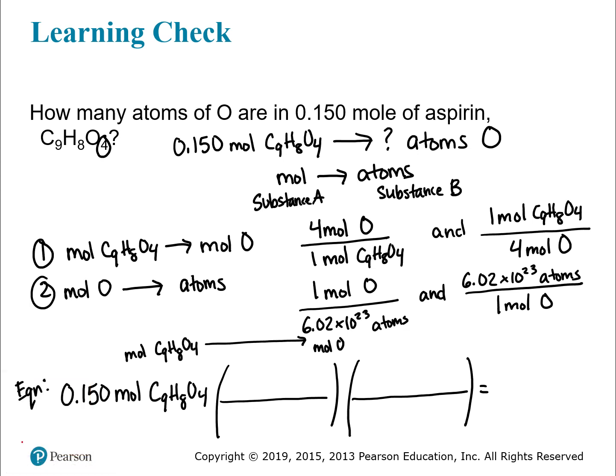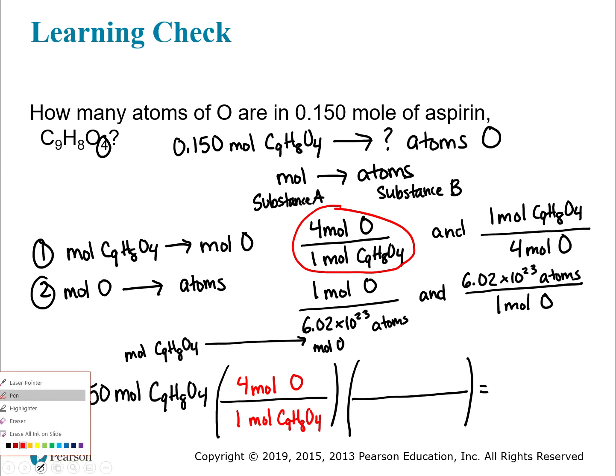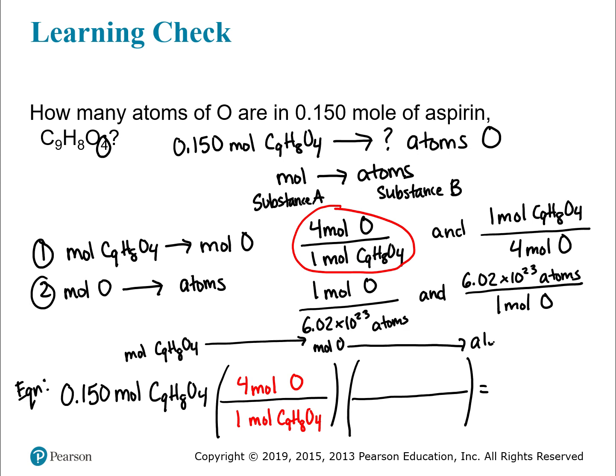Moles of aspirin, that's in the numerator. We're trying to get rid of it. So that needs to be in the denominator of our conversion factor. The next part of the equation needs to take the moles of oxygen and convert to atoms. So here we're trying to get rid of moles and replace it with atoms. That means moles has to be in the bottom.